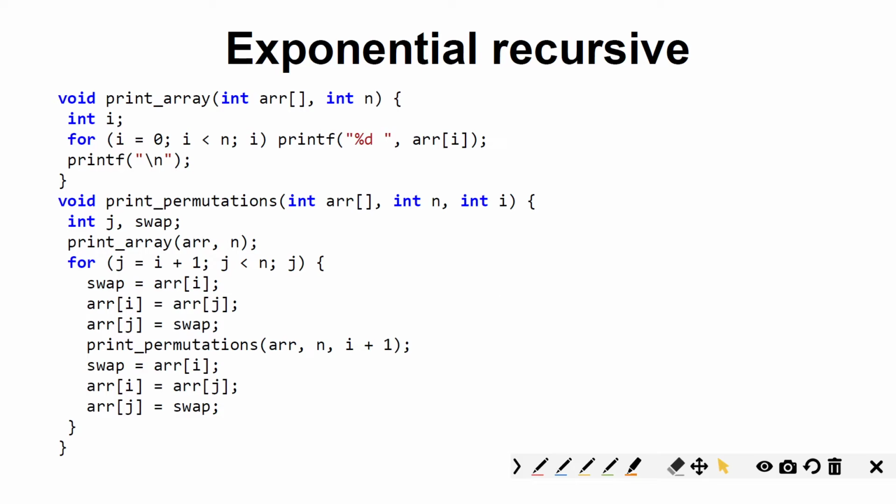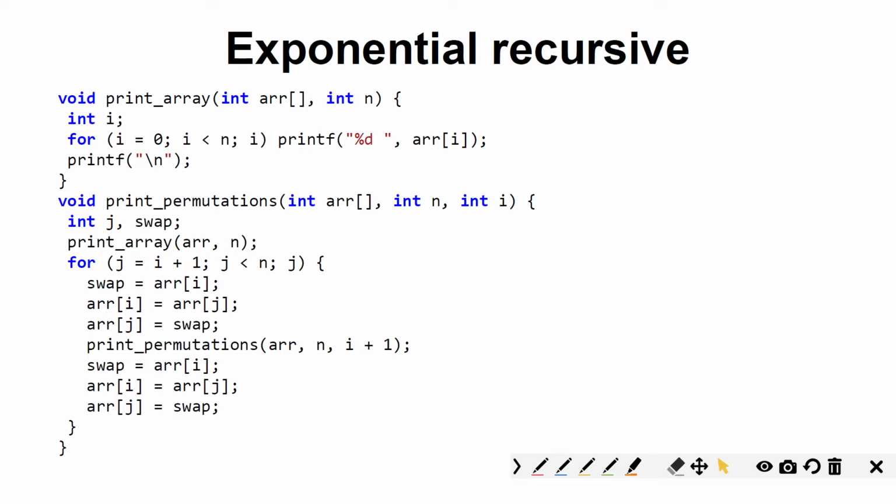Example. We have the print array function. Print array function prints our recursive function output. And we have print permutations.